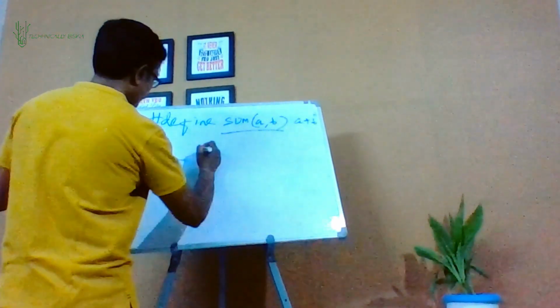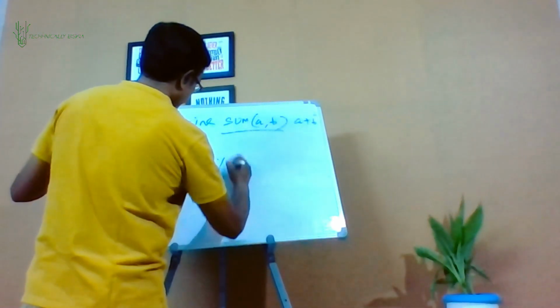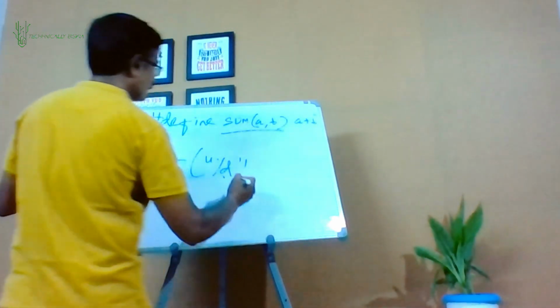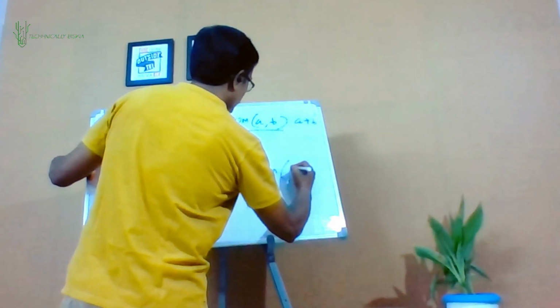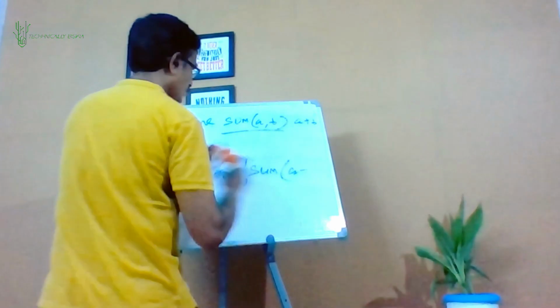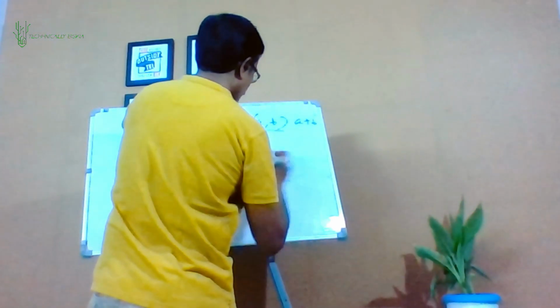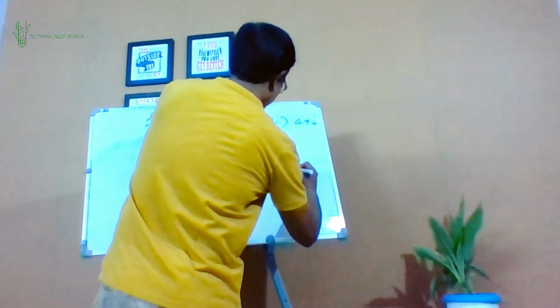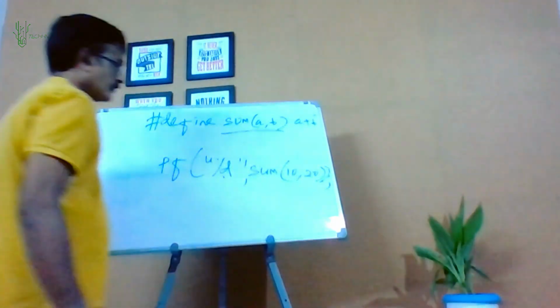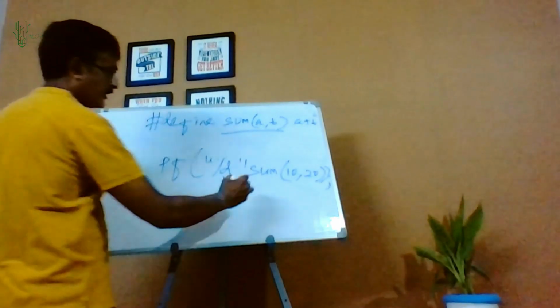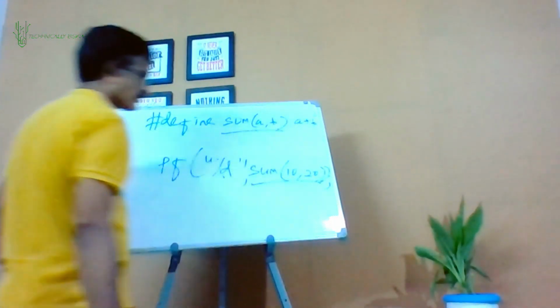Now inside my program, if I write printf percentile d, comma, sum of 10, comma 20. Just imagine what will be the replacement after pre-processing.